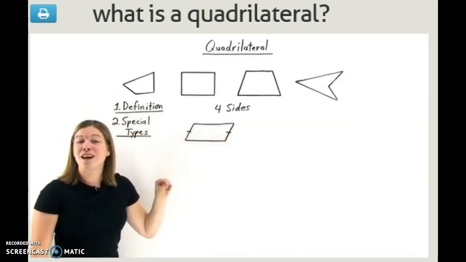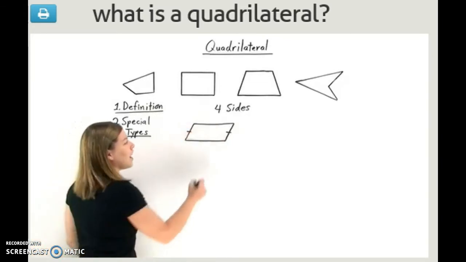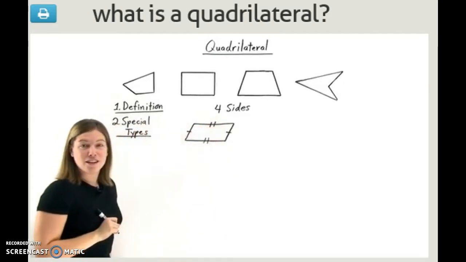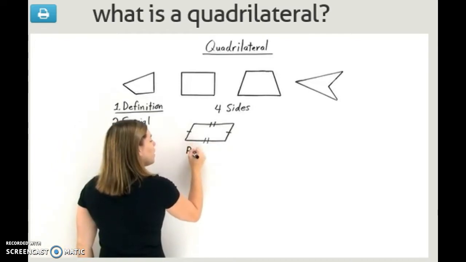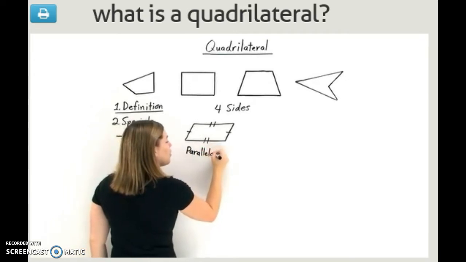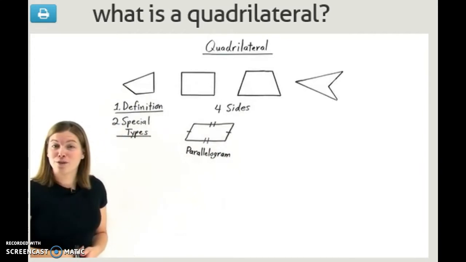That means that each of those sides is the same length. And if we look at this pair of sides, we can see that those are parallel and congruent as well. Here, this quadrilateral has 2 pairs of parallel and congruent sides. This is a parallelogram.